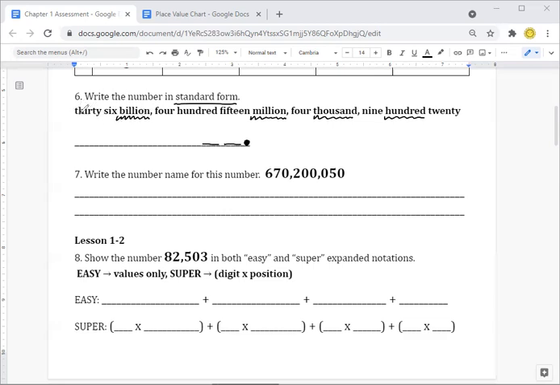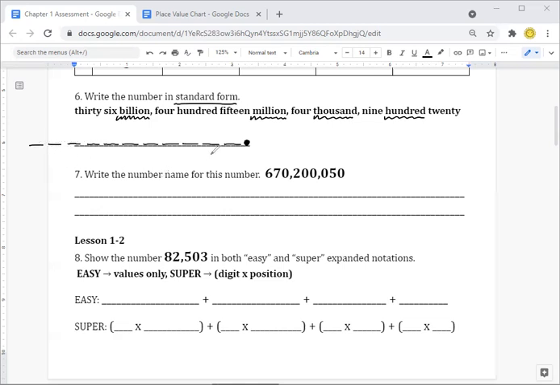So to build the number 36 billion, I'm going to need 2 digits, right? One for the 30 part and one for the 6. So I need 2 digits in the billions period. So let's go all the way backwards to the 10 billions period. Ready? Ones, tens, hundreds, thousands, 10,000s, 100,000s, millions, 10 millions, 100 millions, billions, 10 billions.